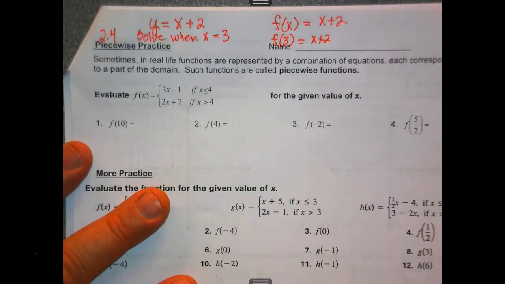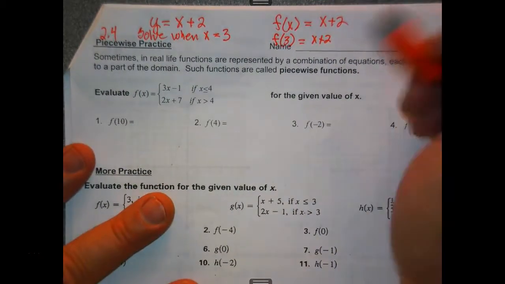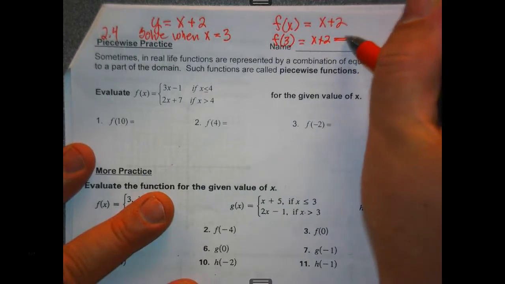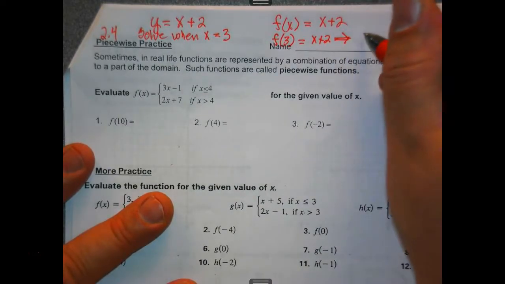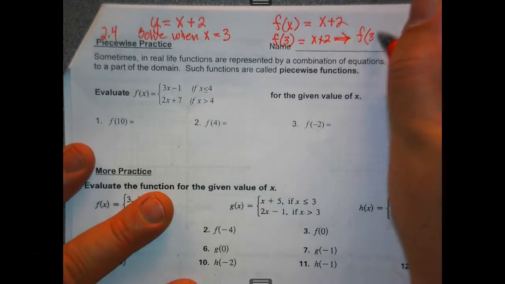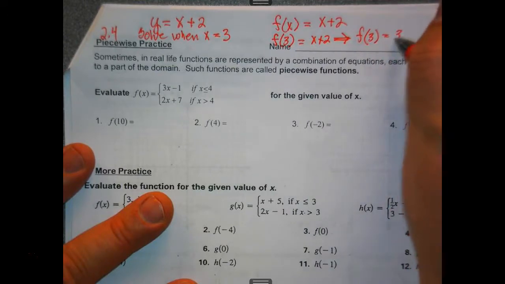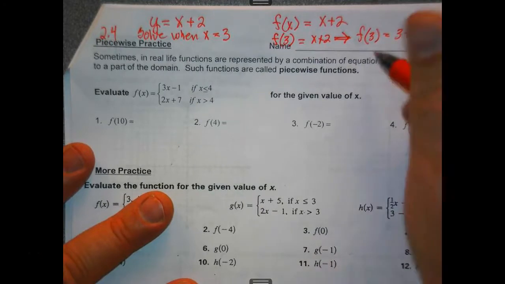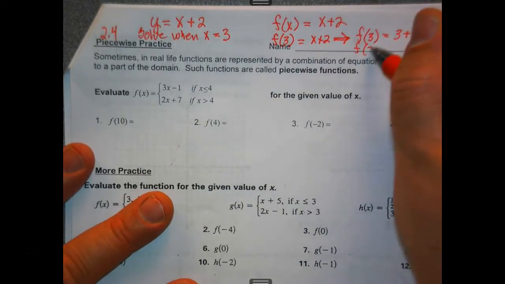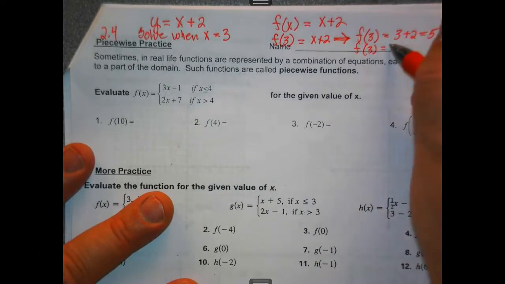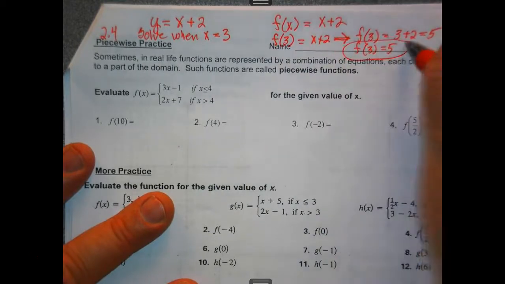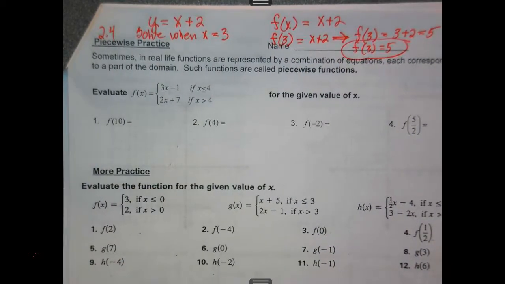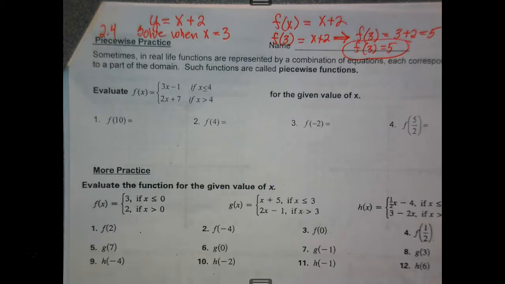And what did you guys do in Algebra 1? You would just plug in the value 3 for x. So the f of 3 equals 5. That is what we call function notation. Right, Dave?